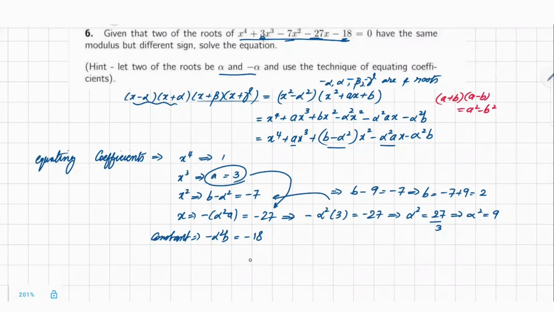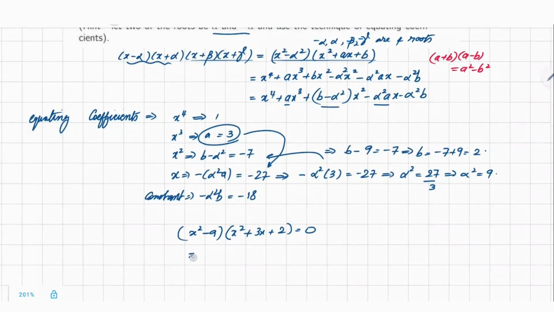So we can plug this and this back into our initial equation. So we have x squared minus 9 times x squared plus 3x plus 2 equals 0. We can break this down further.